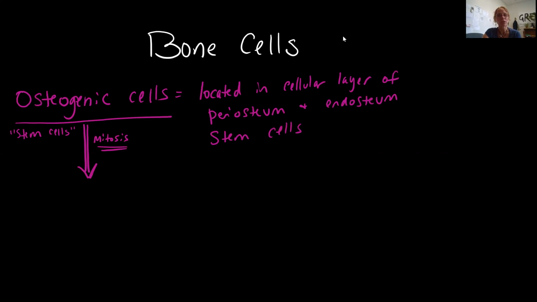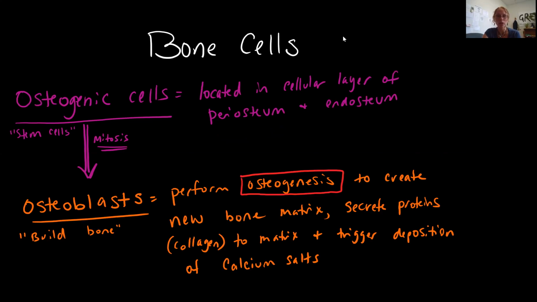When those osteogenic cells go through mitosis, they are going to be producing what's called an osteoblast. Osteoblasts are going to be your cells that build bone. So any cell with a blast ending is referring to a building cell. These cells are performing as part of their job what's called osteogenesis.